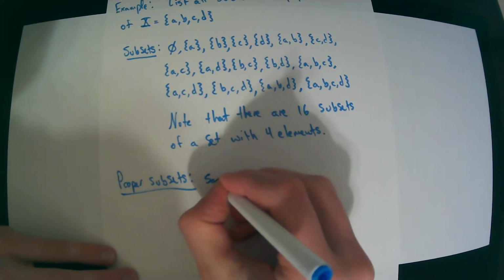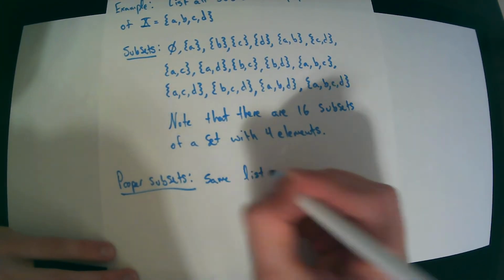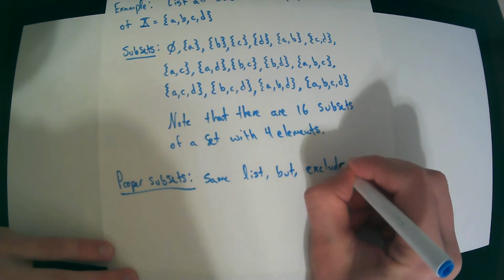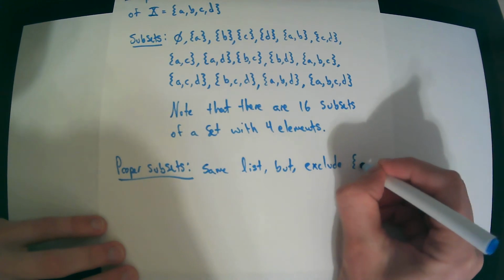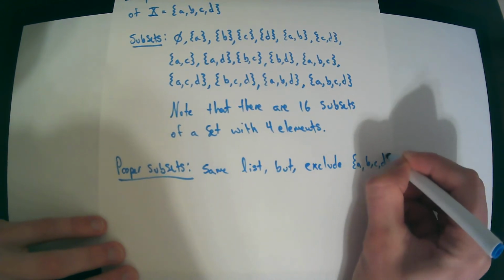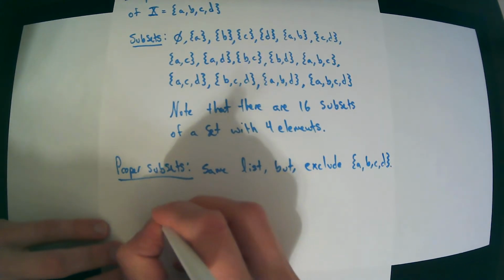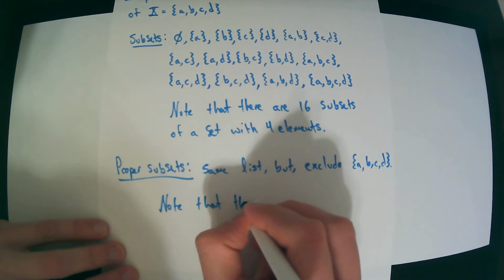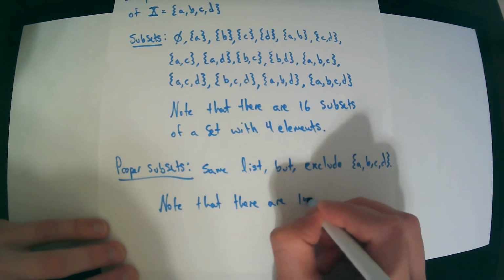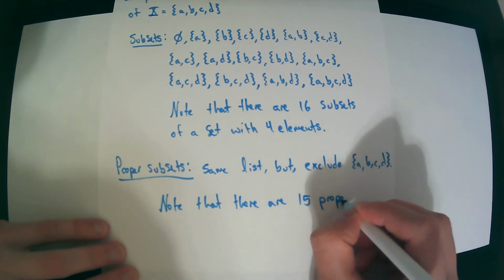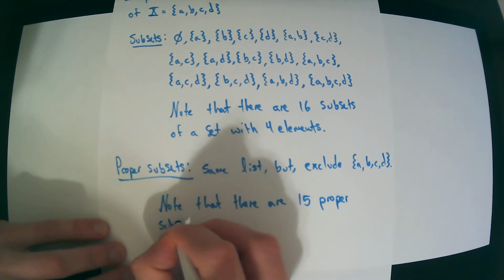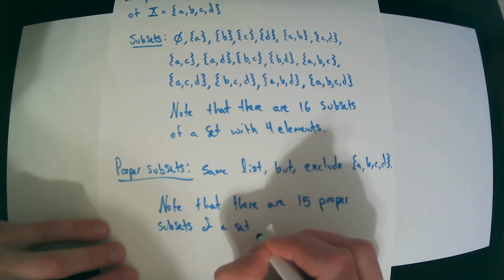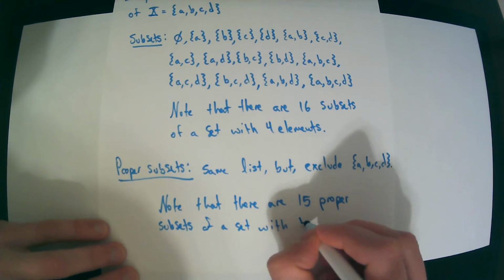So same list, but exclude the set itself, A, B, C, D. So, second note, that there are 15 proper subsets of a set with 4 elements.